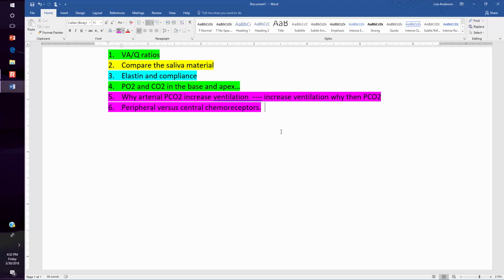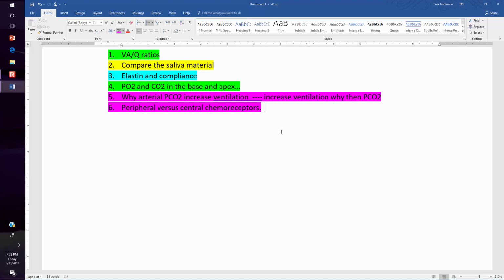When the PO2 gets below about 60, we're in danger of not having enough oxygen to do what we need to do. And then that will start to drive ventilation. Those cells are only in the periphery. We don't happen to have oxygen sensing cells in the brain with the centrals. So that's peripheral versus central chemoreceptors.